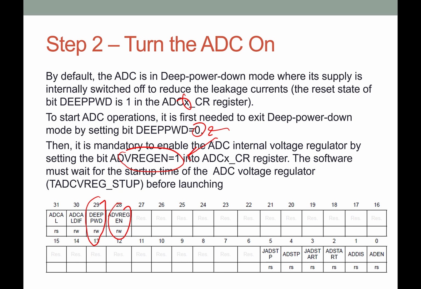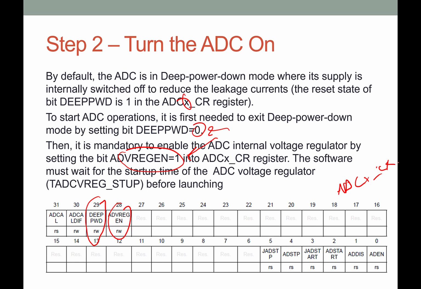Both of them are in this register right here, the ADCX underscore CR. This analog to digital control register is obviously doing a lot for us there. You might guess that it's also going to tell us when the conversion and so forth is done.